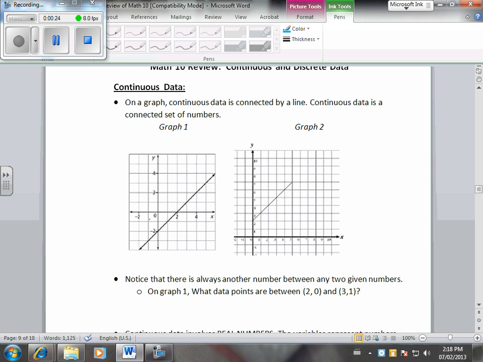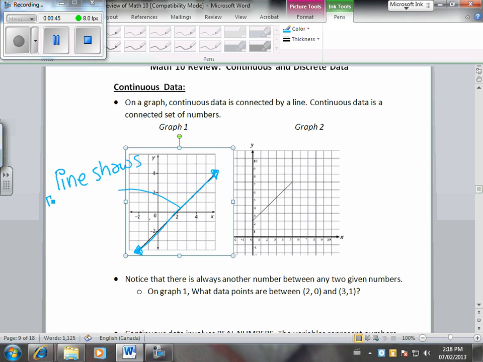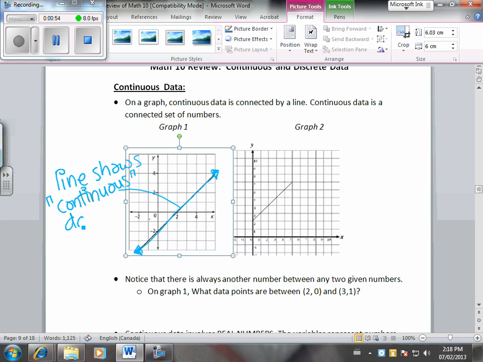Here's our line. You'll notice that we have two arrows, meaning that we don't have any upper or lower limits. And the line shows what we call continuous data.